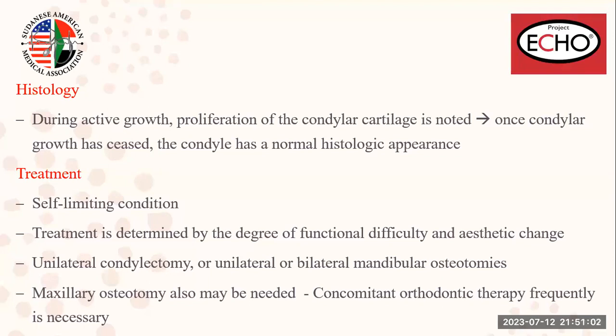Sometimes a maxillary osteotomy might be needed. This should be done with concomitant orthodontic therapy because the malocclusion, in many cases, will not correct itself. You have to correct it by orthodontic treatment. But both treatments should be done at the same time.